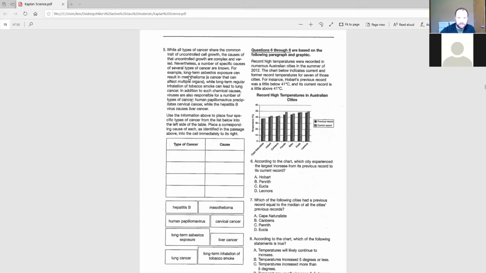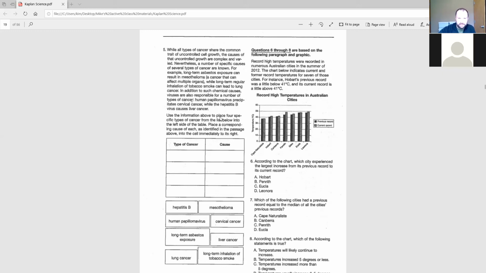For example, long-term asbestos exposure can result in mesothelioma, a cancer that can affect multiple organs, while long-term regular inhalation of tobacco smoke can lead to lung cancer. In addition to such chemical causes, viruses are also responsible for a number of types of cancer. Human papilloma virus precipitates cervical cancer, while the hepatitis B virus causes liver cancer.